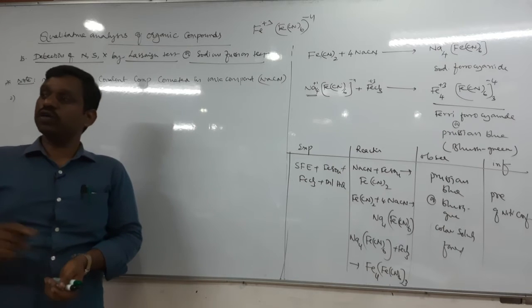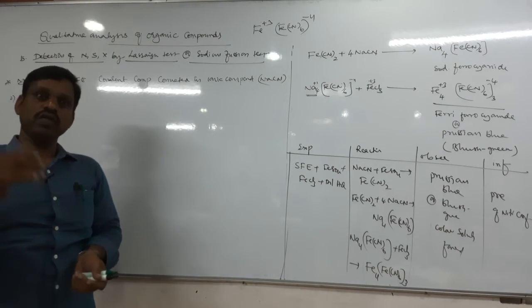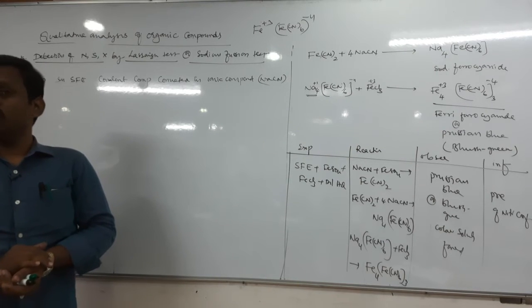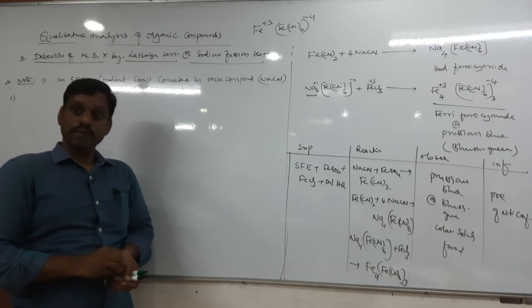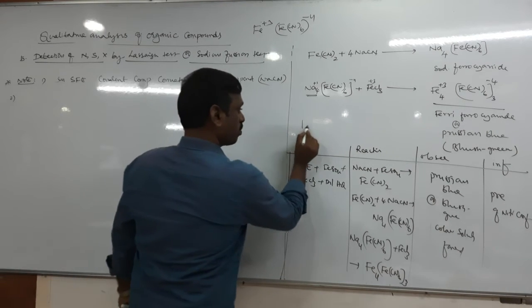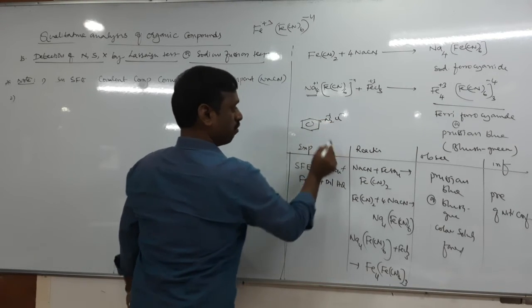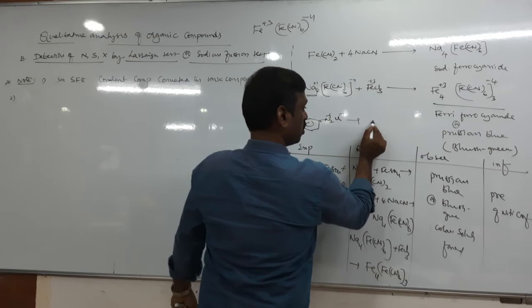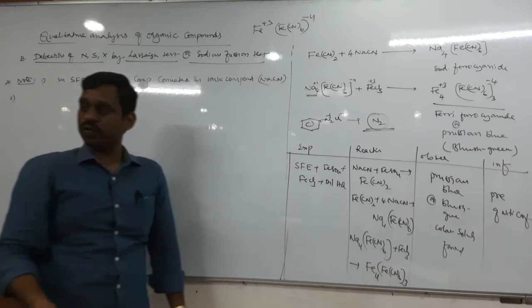This method is not applicable for diazonium salts. Why is it not applicable for diazonium salts? Because we know that when benzene diazonium chloride is just heated, what happens? N2 gas comes out.